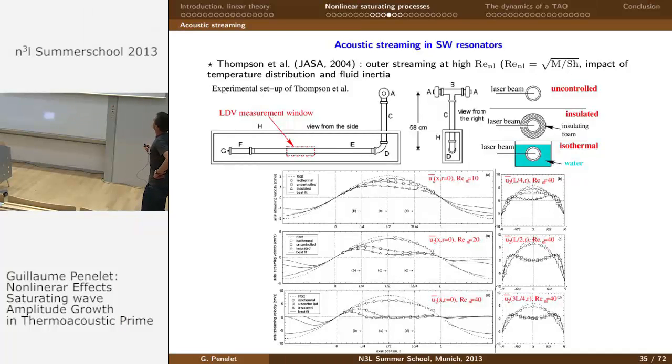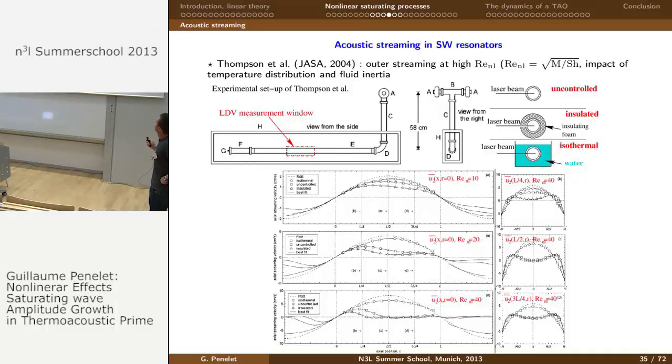What they have shown is that, so these figures represent the spatial distribution along that direction of the axial component of acoustic streaming, and this is the transverse distribution of the axial component of acoustic streaming.